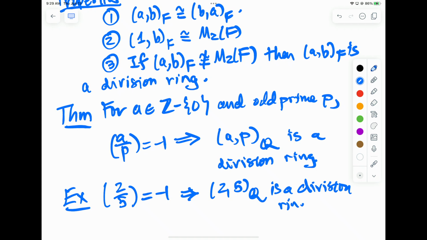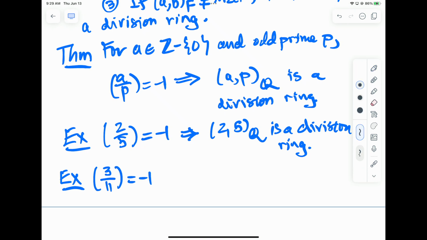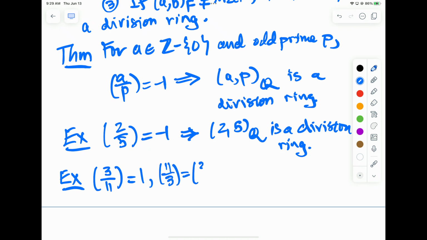Okay, so we've just built ourselves, for sure, a division ring besides the Hamilton quaternions, but using rational coefficients. If you try to use real number coefficients in this construction with 2 and 5, you're just going to get the 2 by 2 real matrices. It's not going to be the Hamilton quaternions. Now, as another example, is (3/11) equal to -1? That is false. That's very false. 3 is 25 mod 11. (3/11) is 1, but (11/3), that's (2/3), is -1.